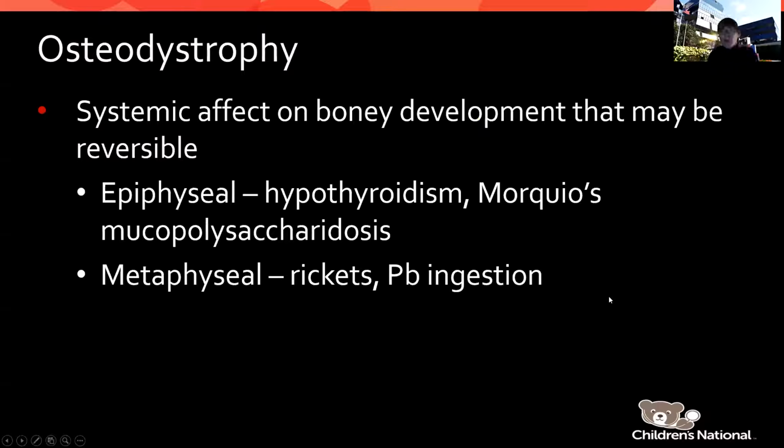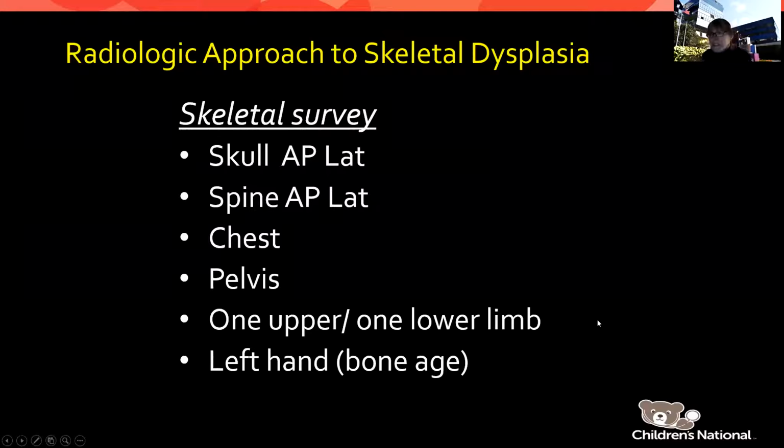And then on top of all this, we also have the systemic effects in the bone, which can end up mimicking changes to the epiphysis, metaphysis, and physis. So like hypothyroidism or rickets, all of these can mimic a metaphyseal dysplasia or an epiphyseal dysplasia. So we have to be aware of them and to always give that differential.